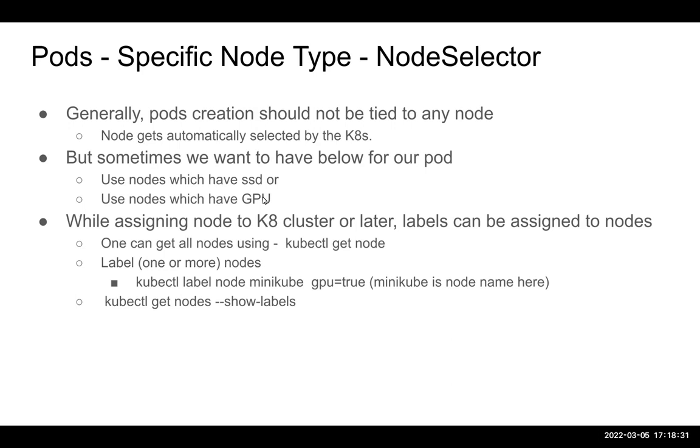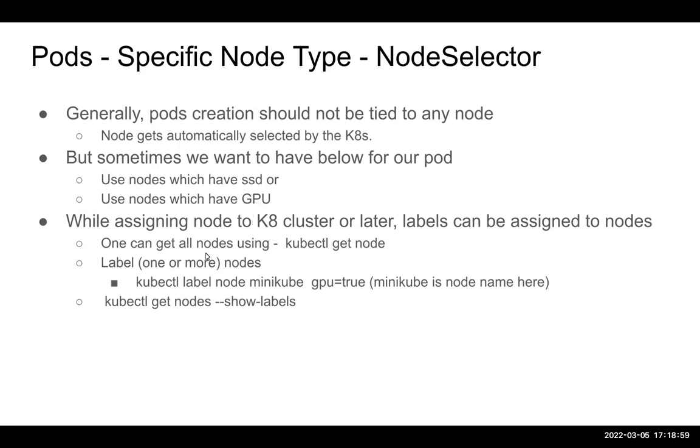Now Kubernetes does not provide a mechanism to check whether a node has SSD by running an operating system command, or check whether it has a GPU processor. It does not provide any of that. What it provides is that you can label certain nodes with SSD or GPU, and then later you can tell pods to start on those nodes which have this label or these labels. Okay, so we'll see that.